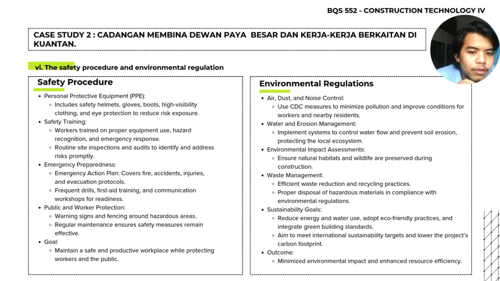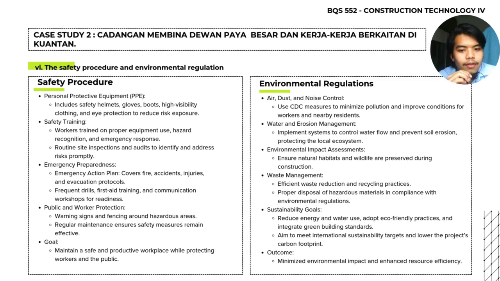So next we go through the environmental regulation, which has air, dust, and noise control, where we use measures to minimize pollution and improve conditions for workers and nearby residents. Then water and erosion management implements systems to control the water flow and prevent soil erosion and protect the local ecosystem.